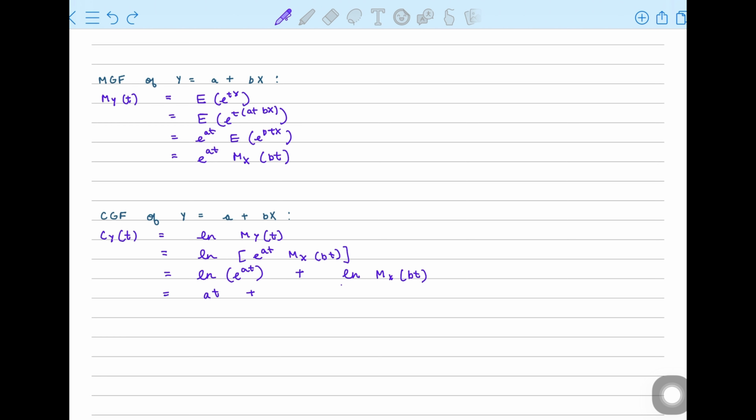This can be expressed in the standard form of the CGF. From here, we've derived the MGF and the CGF for the random variable y with respect to the random variable x.